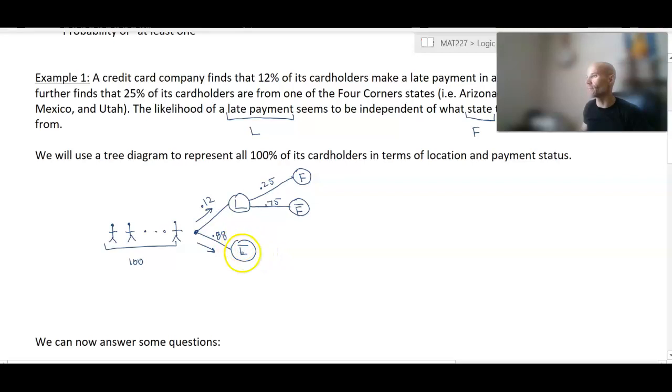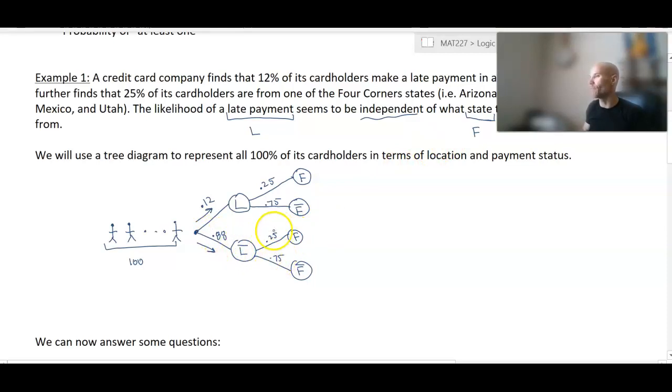And same thing down here for those 88 people that walked and said, I don't make late payments. We'll now ask them, all right, hey, if you're from Four Corners, move to the top. If you're not from the Four Corners, move to the bottom. And we're going to end up with 4 distinct groups. So again, independent of whether or not they make a late payment, 25% of people are from Four Corners and 75% are not.